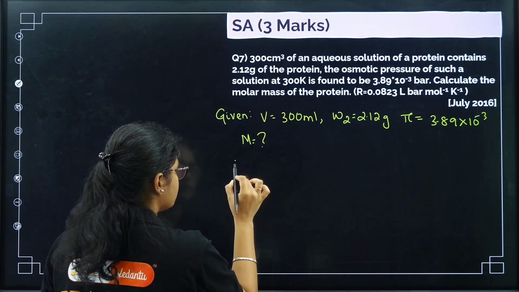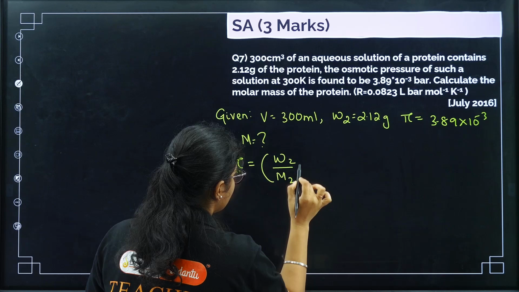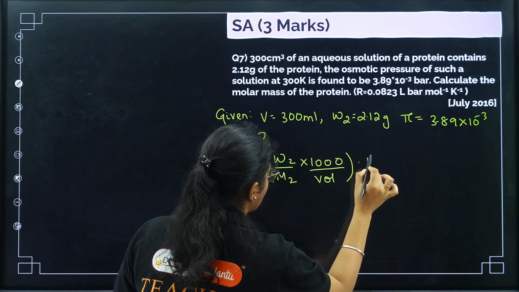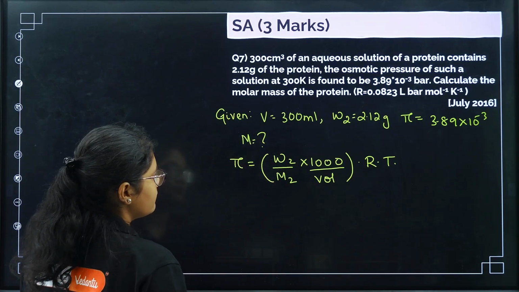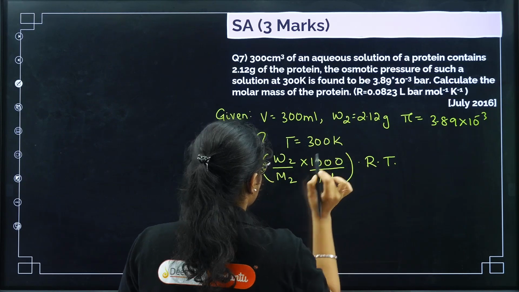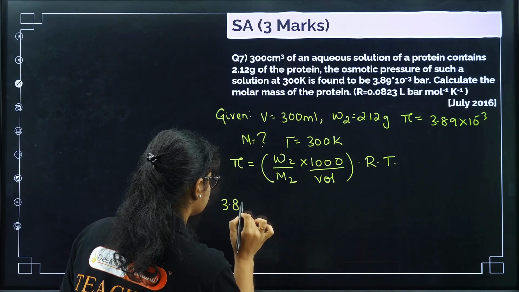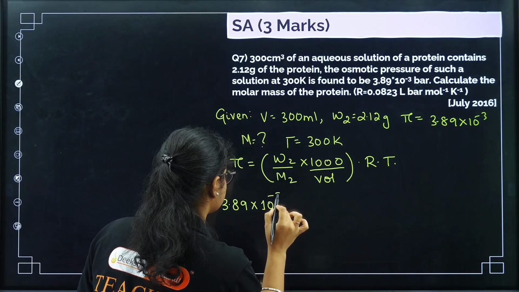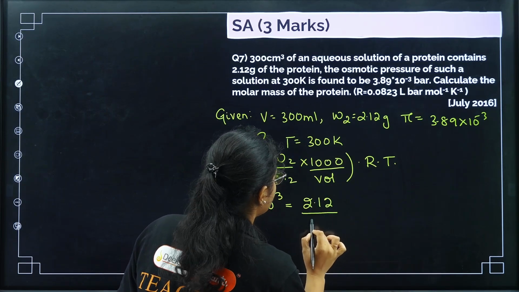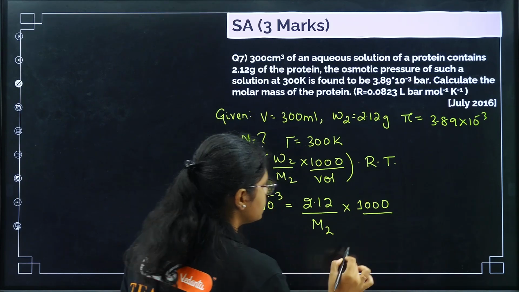So the osmotic pressure formula, we can write pi is equal to CRT. C I'll write like this: W2 by M2 into 1000 by volume, into R into T. Temperature is given, that is 300 Kelvin. Now let us substitute. Pi value is 3.89 into 10 to the power of minus 3 equal to W2, 2.12, over M2 into 1000 by the volume, 300.